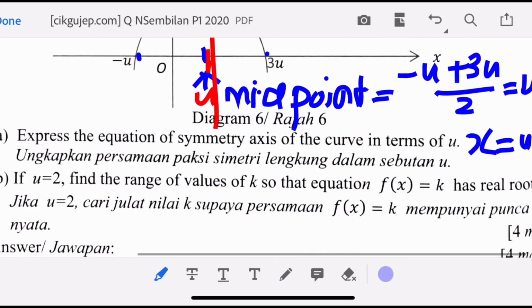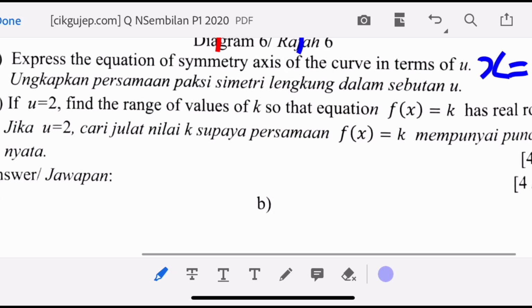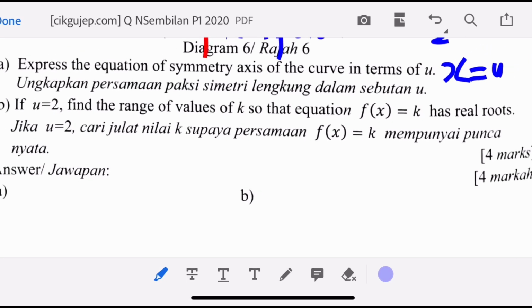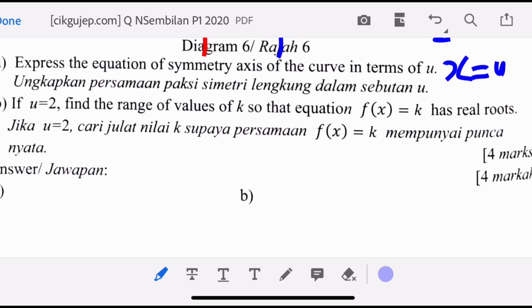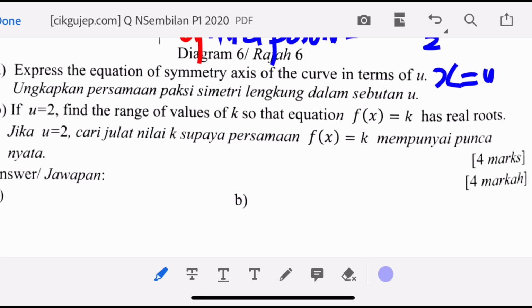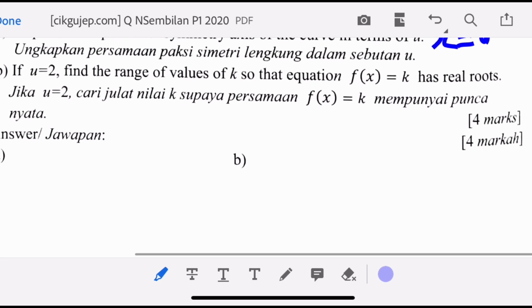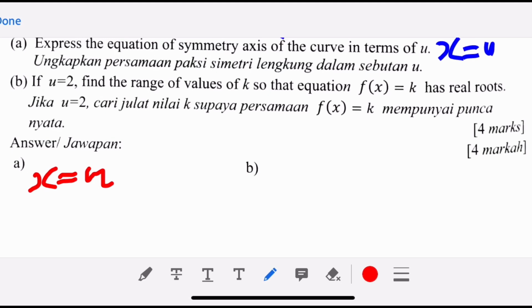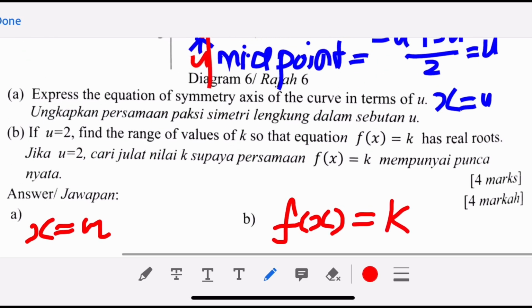If the graph is happy shaped, it will go through the minimum point. If the graph is sad shaped, it will go through the maximum point. That is the axis of symmetry. So it's always x equal to the x coordinate of the turning point. Alright, so x equal to u is the axis of symmetry.